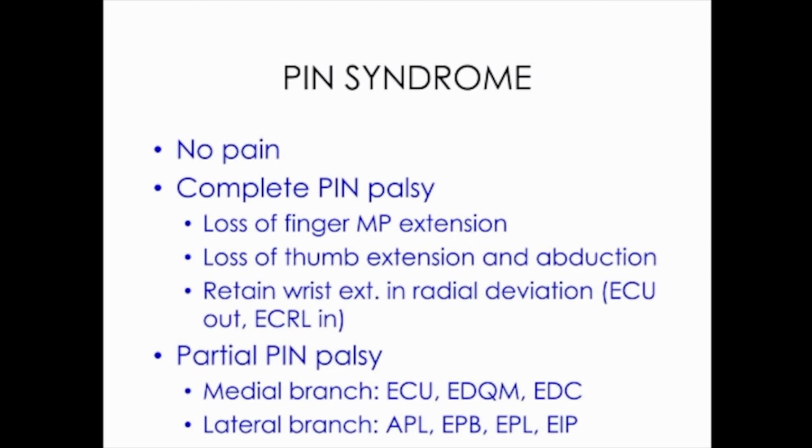You can have a partial PIN palsy of any component of the PIN, and it may be specific to the medial branch, which supplies the ECU, EDQ, and EDC, or the lateral branch, which supplies APL, EPB, EPL, and EIP.